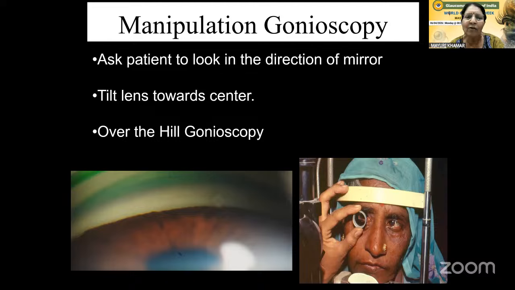Now, manipulative gonioscopy is done when you are using a Goldmann 2 mirror or 1 mirror, where there is an occludable angle. You ask the patient to look in the direction of the mirror. Suppose the mirror is superior, you ask the patient to look up and then tilt the lens towards the center. This will give you an over-the-hill appearance of the anterior chamber angle.